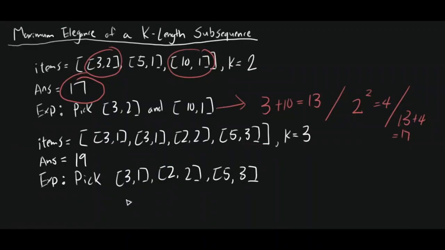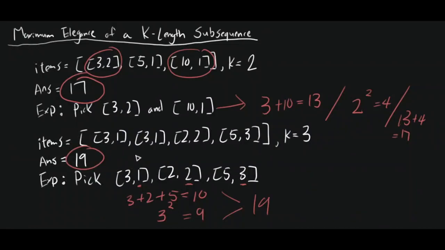So the sum of the profit is 3 plus 2 plus 5, which is 10. And the distinct categories of your selection are 1, 2, 3. All of them are unique, so you have 3 distinct categories. That's why 3 squared is 9. And we sum them up, we get 19, which is our expected answer.